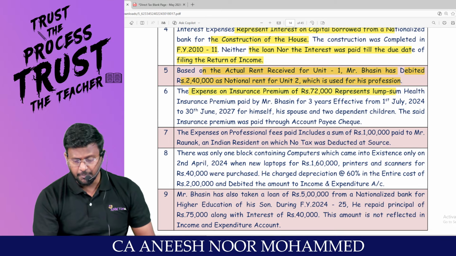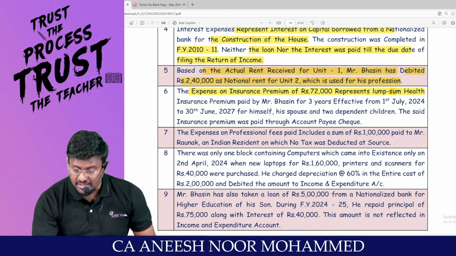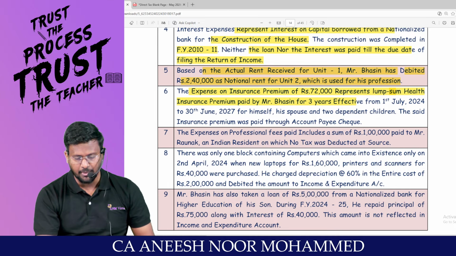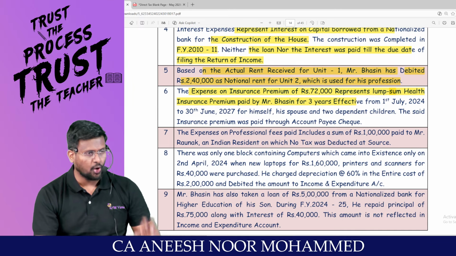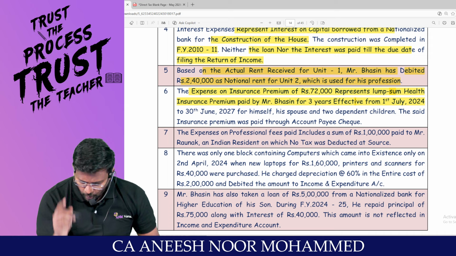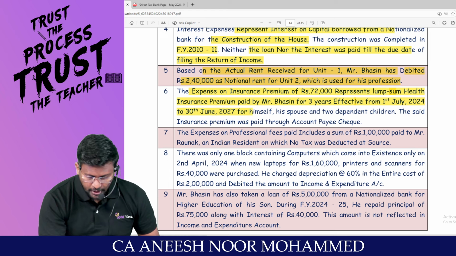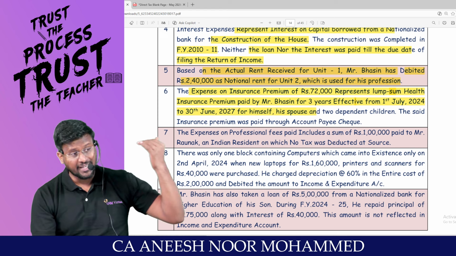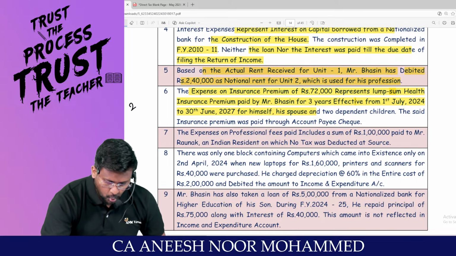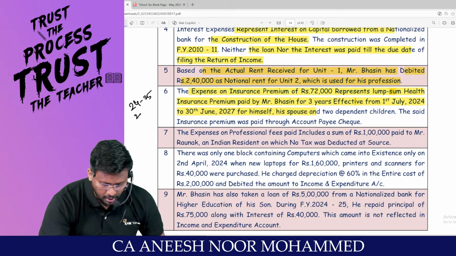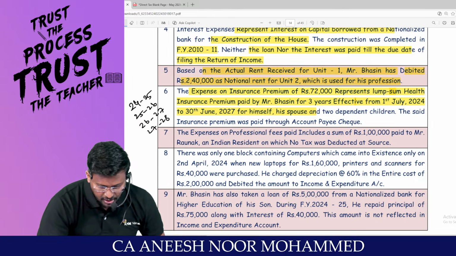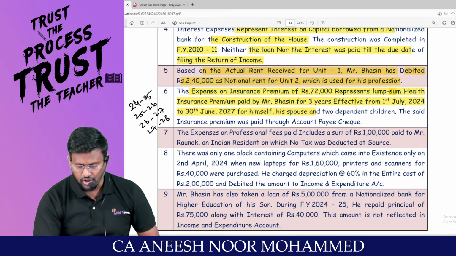Expense on insurance premium 72,000 represents a lump sum health insurance premium paid by Mr. Bashin for how many years? Effective from 1st July 2024 to 30th June 2027. That means the 24-25, 25-26, 26-27 and 27-28 financial years.